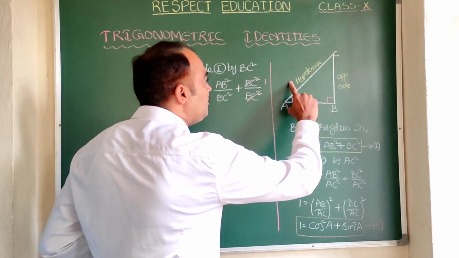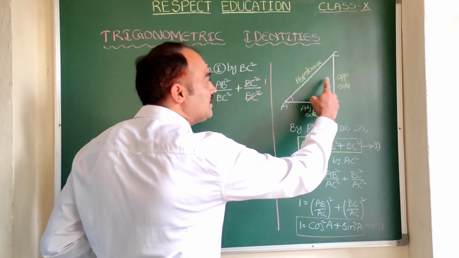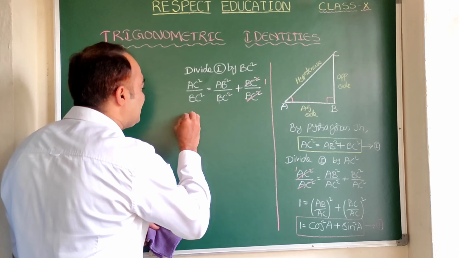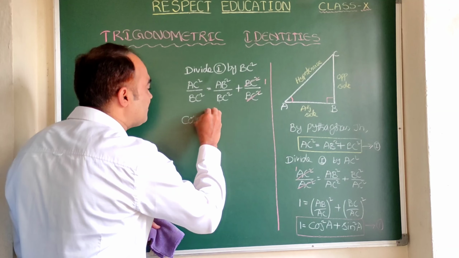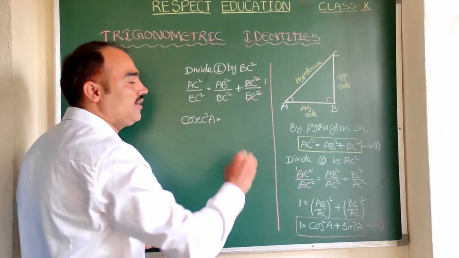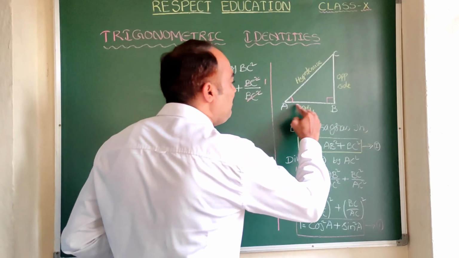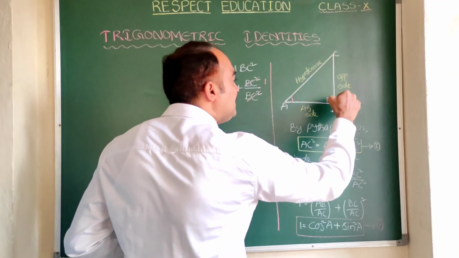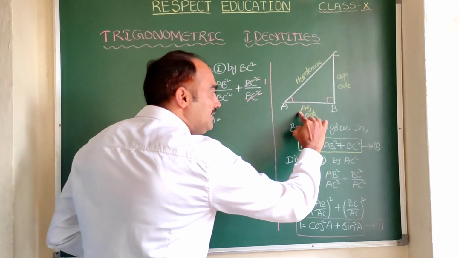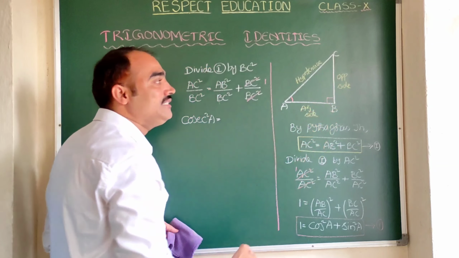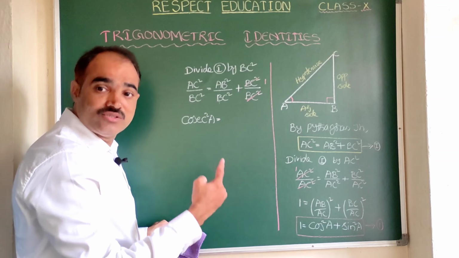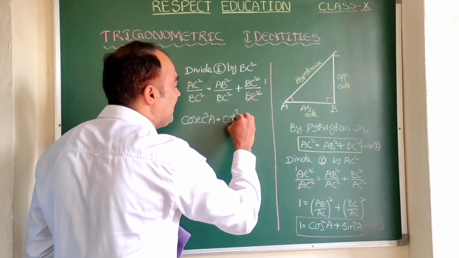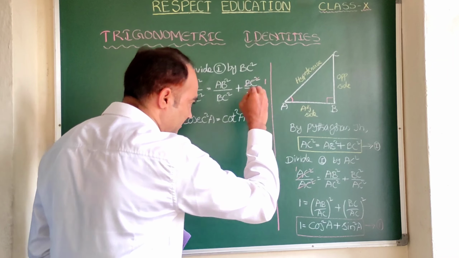So hypotenuse by opposite side is cosecant, so we write cosecant square A is equal to, now AB square by BC square, adjacent side by opposite side, is cot square A, plus 1.